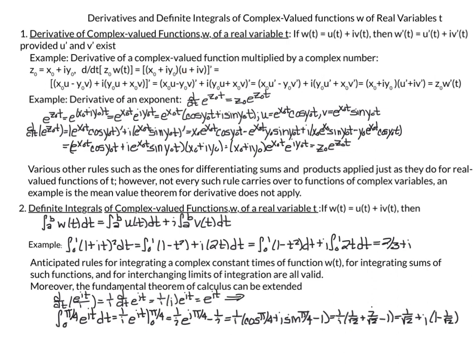This is x naught times the real valued function u, and then we have our minus i, that becomes minus 1, and then our y naught is a constant value times our real valued function v, and then we have i times x naught times v, and i times y naught times u.